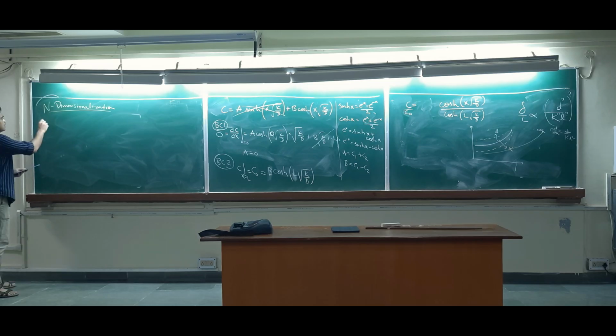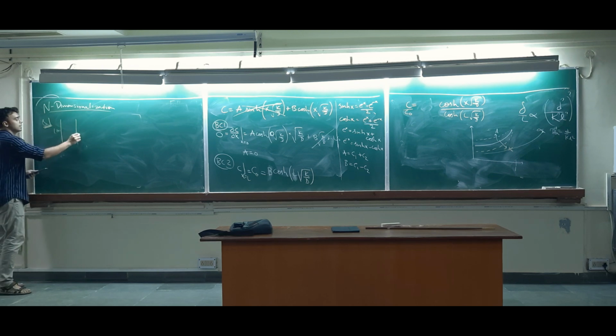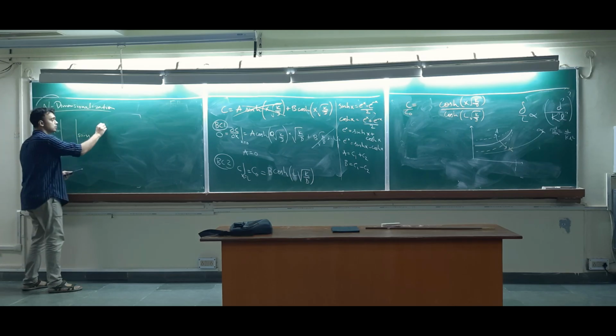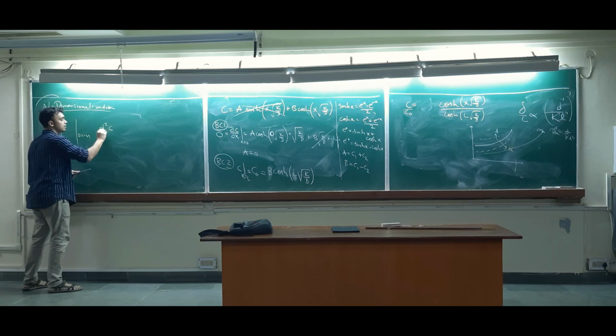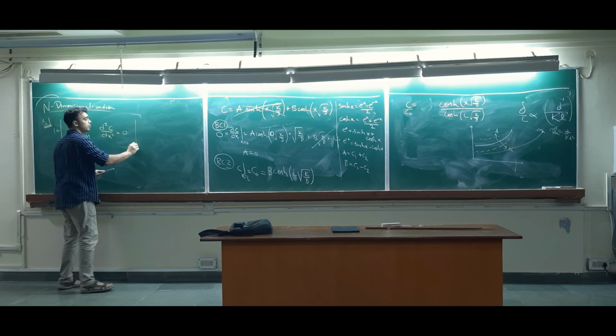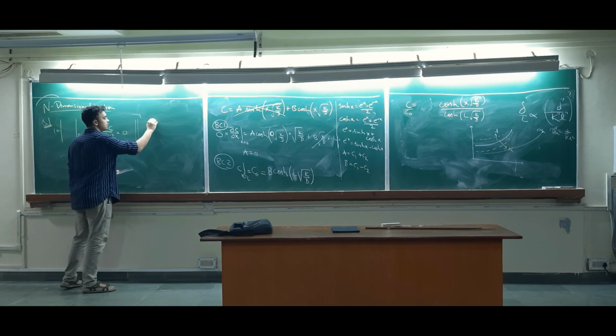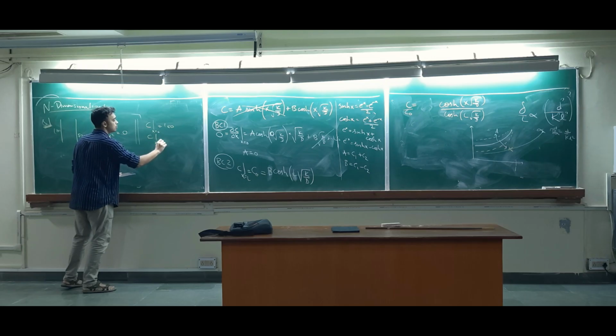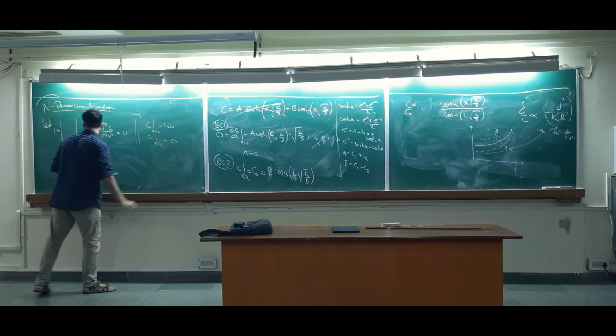So let's say your question 1 that you did, and the answer you got. You had 100 millimolar and then 50 millimolar. What was the equation that you were solving? D d squared C by dx squared is equal to 0, with the boundary conditions C at x equals 0 is 100, and C at x equals L is 50.